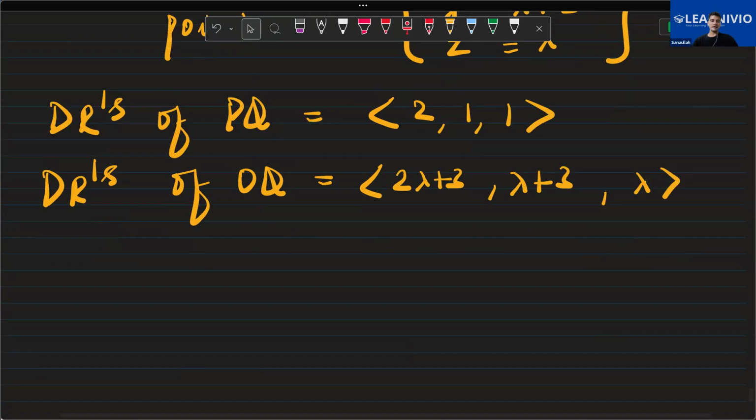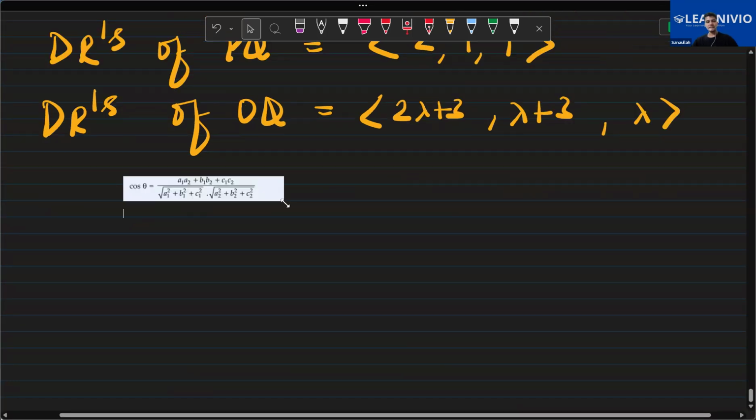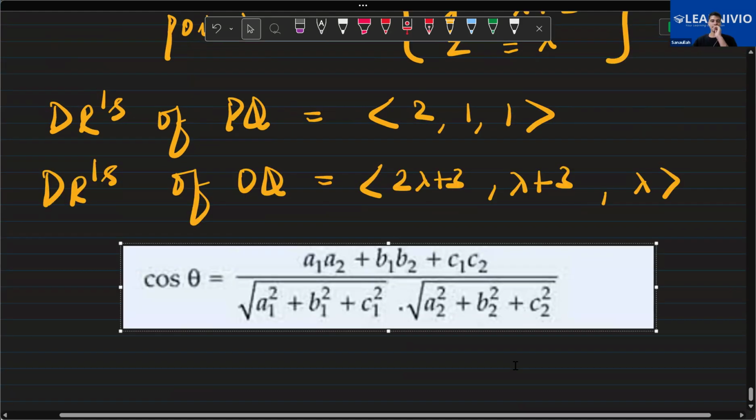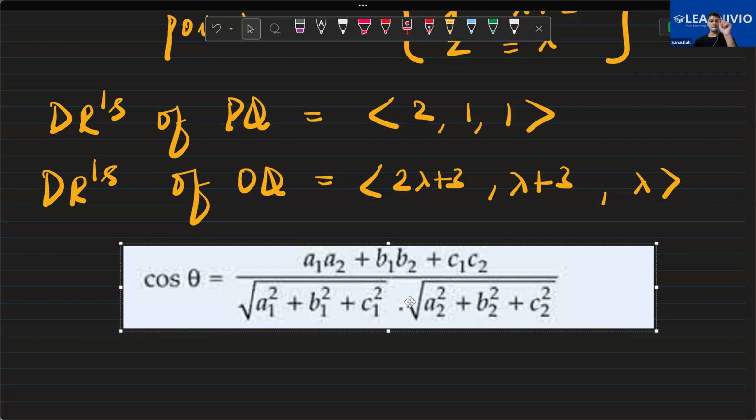Okay, now you know this formula. If you know the direction ratios of lines, then you can find the angle between them. This is a formula. What is the formula? A1 A2 plus B1 B2 plus C1 C2. This was the general formula. From here two conditions are derived: L1 L2 plus M1 M2 plus N1 N2 is equal to 0 for the perpendicular case, and L1 by L2 equals M1 by M2 equals N1 by N2 for the parallel case.